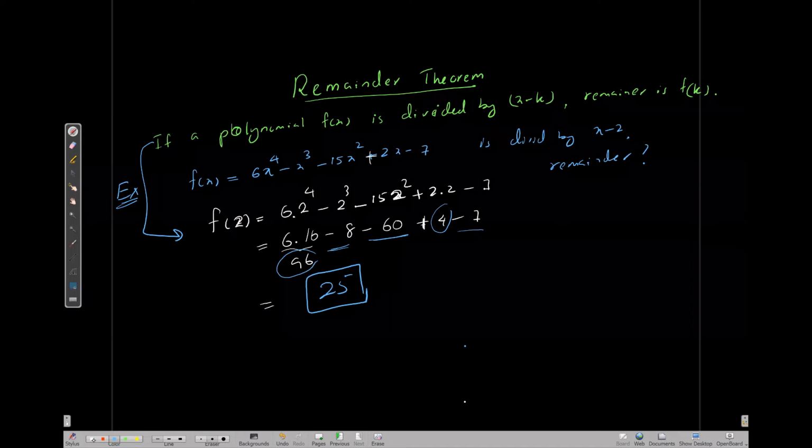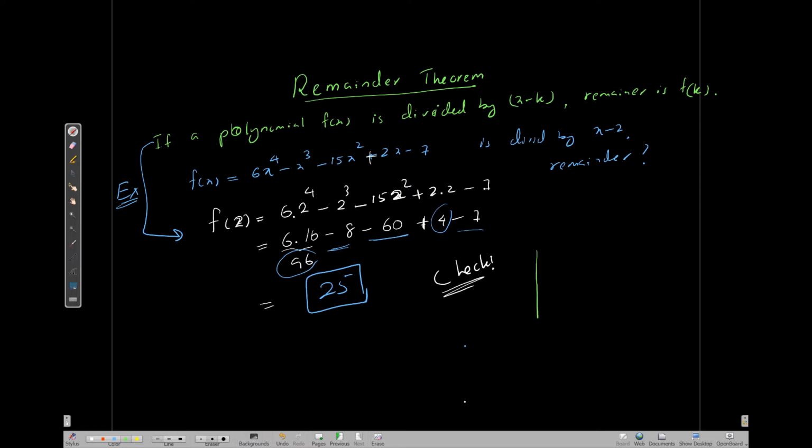Now let's check whether this is true. How do we check? Well, let's actually divide this thing and see whether that works. 6x to the fourth, that is in standard form, so we don't have to worry about rearranging terms.